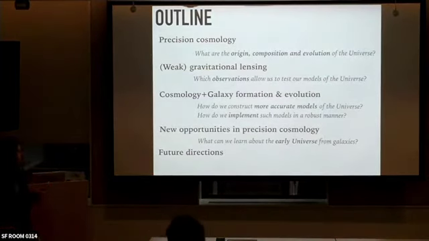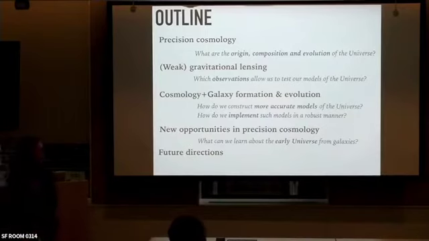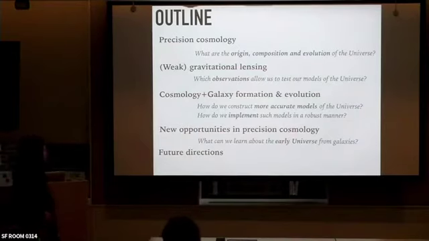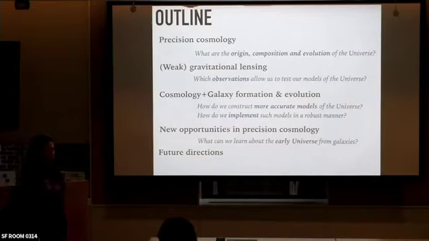So I'll talk a little bit about precision cosmology and what that means, but I think it doesn't need much introduction here. The probe that I'll be focusing on for this talk is weak gravitational lensing. So I'll tell you about which observations allow us to test our models of the universe.